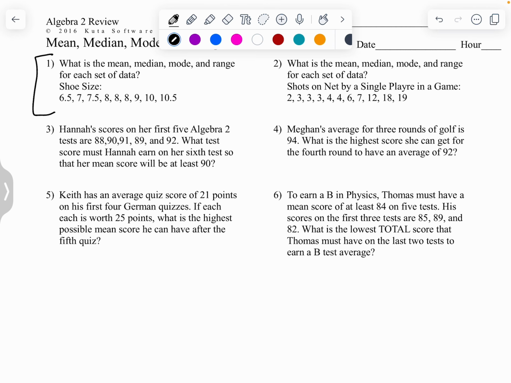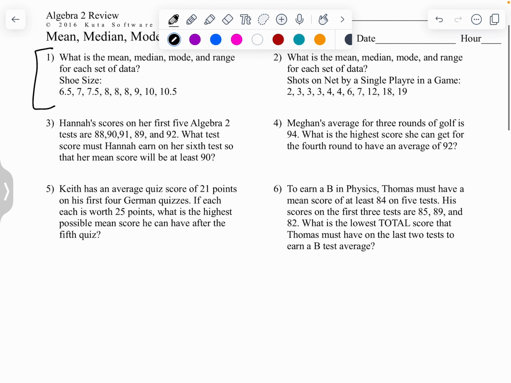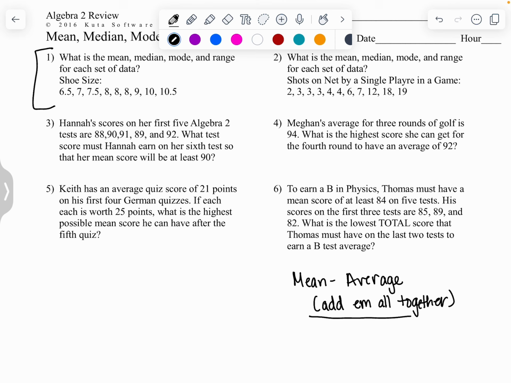I'm just going to hit the vocab real quick. So when we talk about mean, we're talking average. Ooh, words are hard, average. So really, I want you to add them all together and then divide it by the number of items.